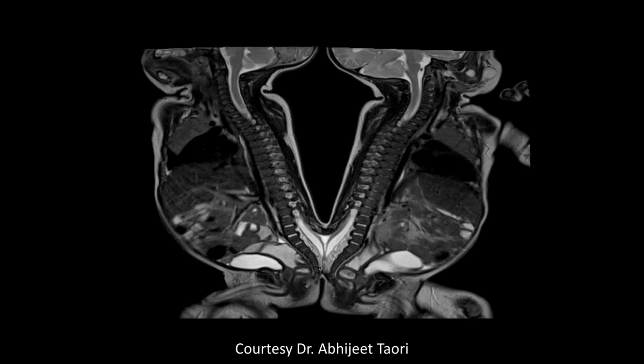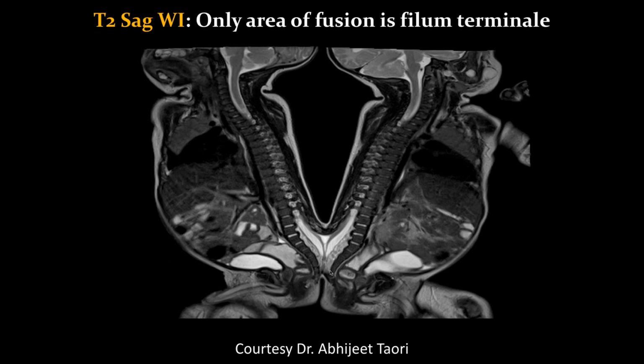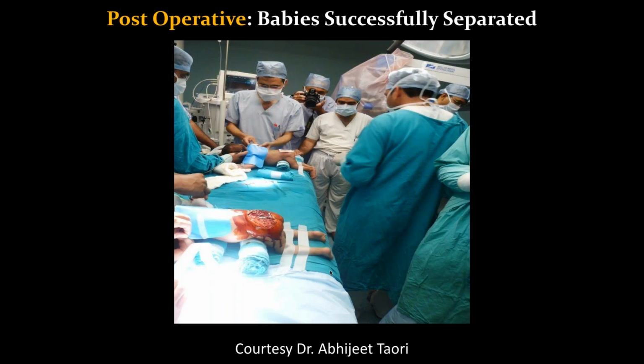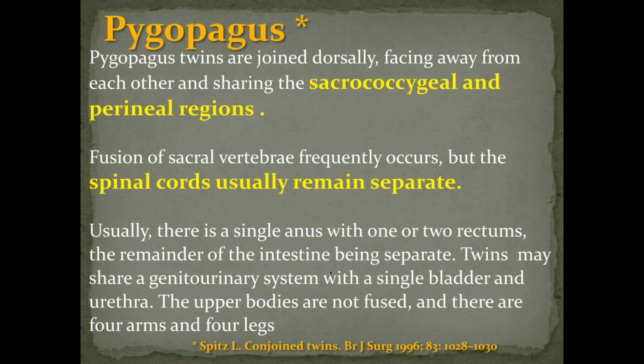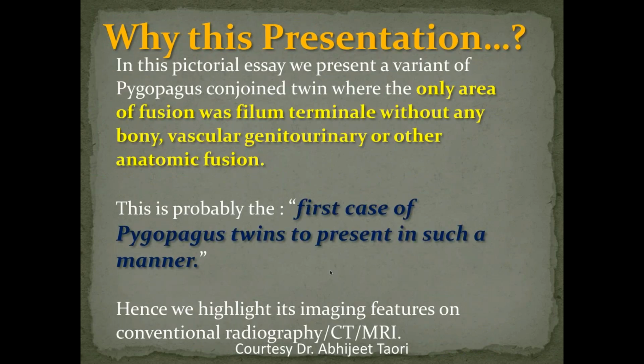Oh, that's a good one. They're probably at least touching in the inferiormost portion of it, otherwise. So really, the only area here that's really fused is the Filum Terminale. So they went in and separated them, and they were able to successfully separate them without neurologic deficit. I remember this case, so they were successful. Yep. And the bones were all relatively separated.